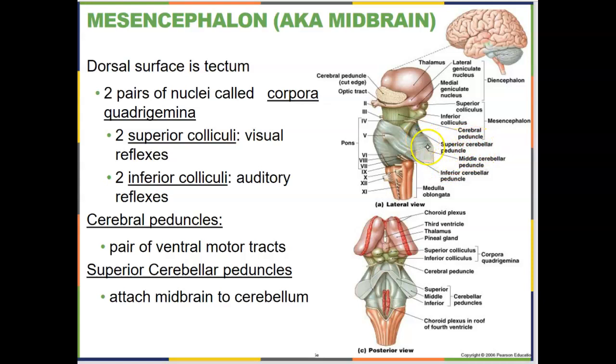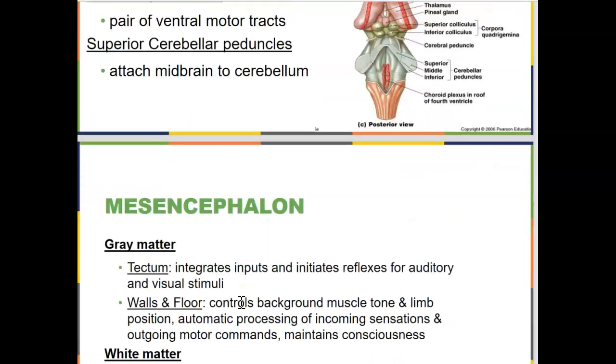The cerebellar peduncle is attached to the cerebellum, and that's kind of, again, having to do with routing motor memory information. The mid-cerebellar peduncle and the inferior cerebellar peduncles are here. So basically, these are all axon tracks, motor tracks. And then the superior cerebellar peduncles, they attach to the midbrain and the cerebellum.